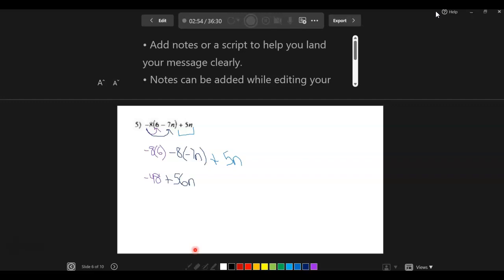And remember, it's because you've got a negative times a negative, so positive. So you would have 7n plus 7n plus 7n plus 7n, 8 of them, right? So it's going to give you a total of 56n. And then don't forget your plus 5n over here.